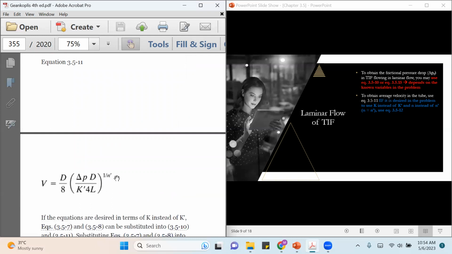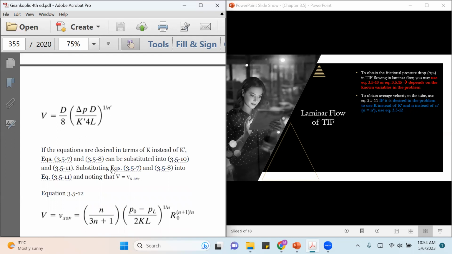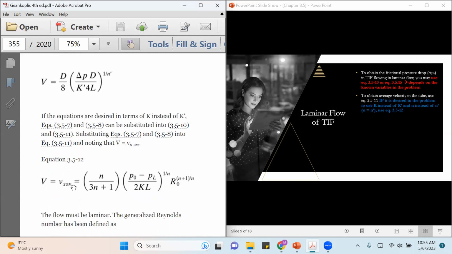We can use this equation, with the diameter of the pipe, the delta P of the fluid inside the pipe, the length of the pipe, and then the K prime and N prime of the fluid. But this uses N prime and K prime. How about if we want to use the N and K value instead? Then we can use equation 12. This is N and K.